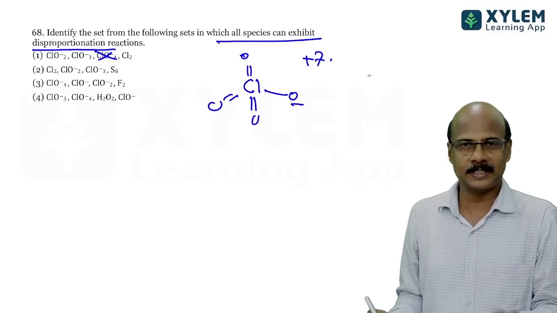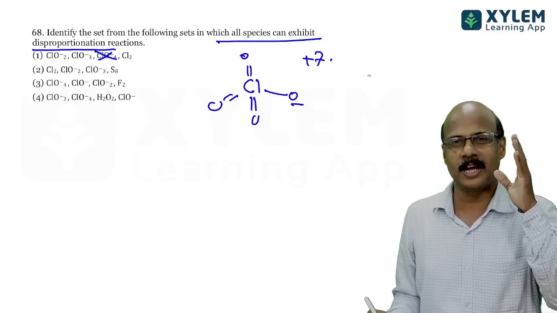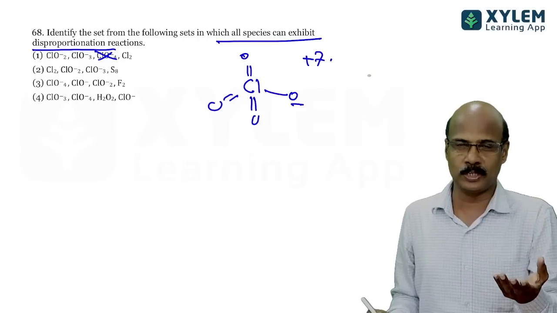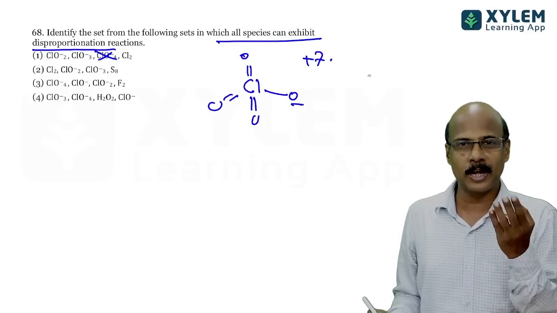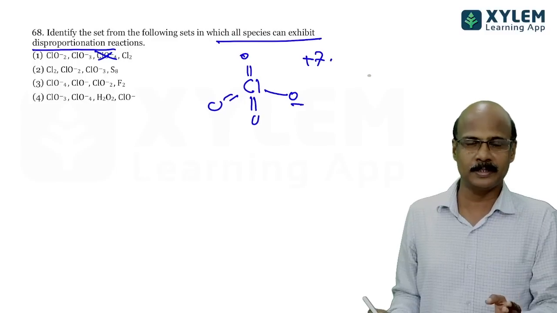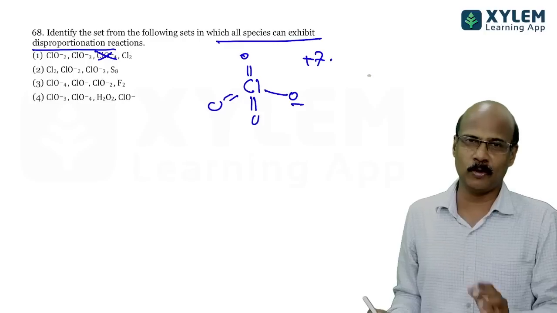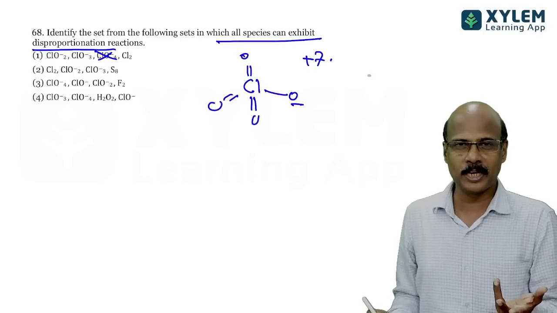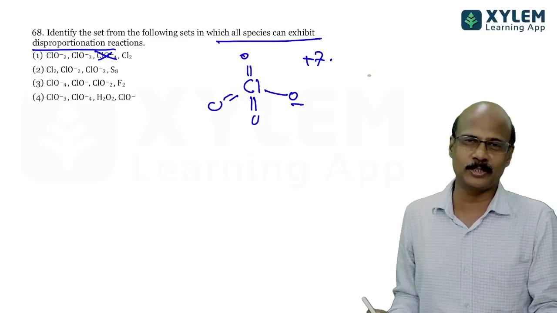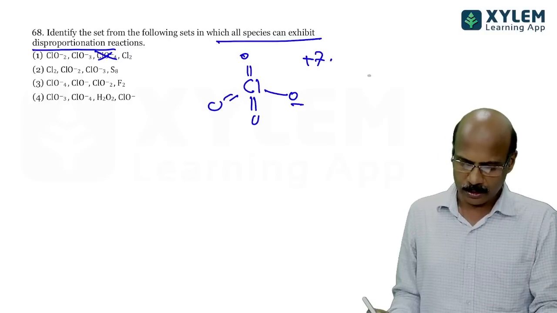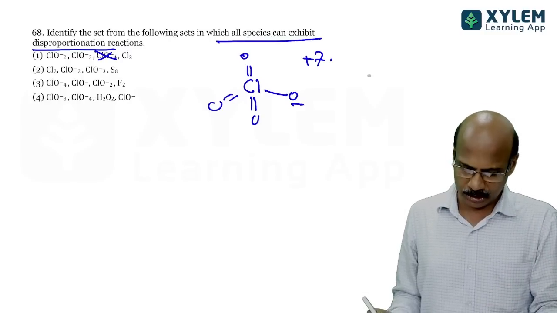The central atom has already achieved the highest oxidation state, so it cannot undergo further oxidation. A species undergoing disproportionation means it can be reduced or get oxidized. But in perchlorate, chlorine is already in the highest oxidation state. So it will not undergo further oxidation, and it will not undergo disproportionation.